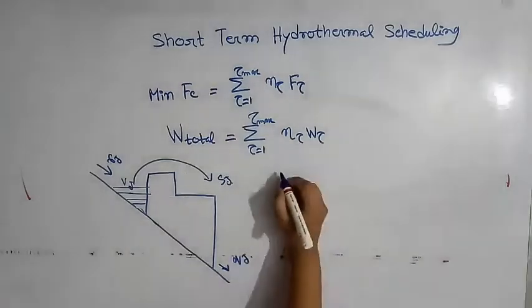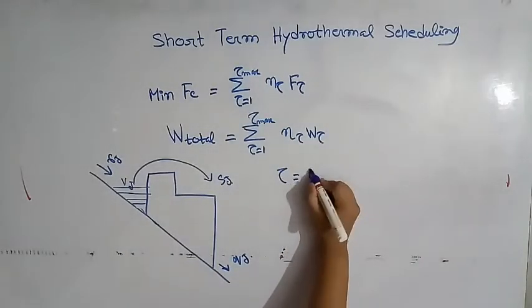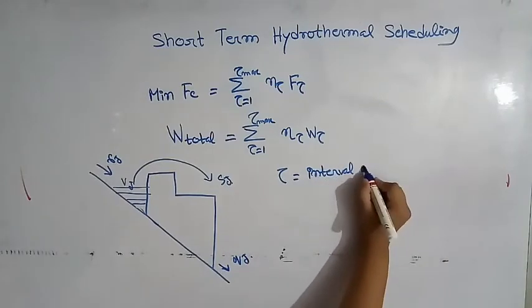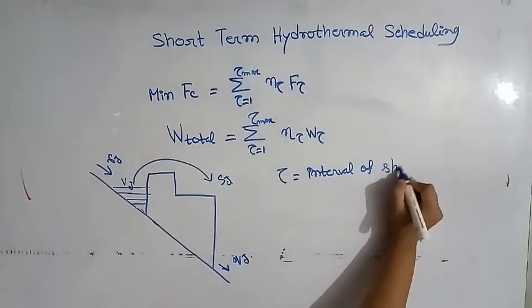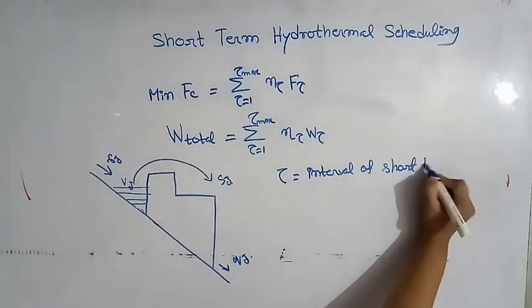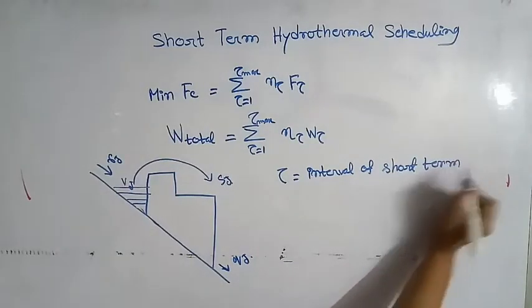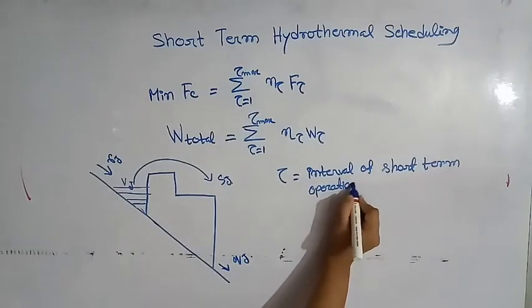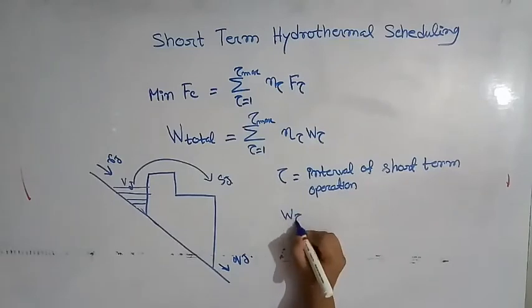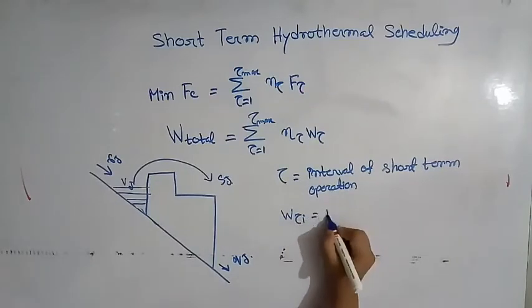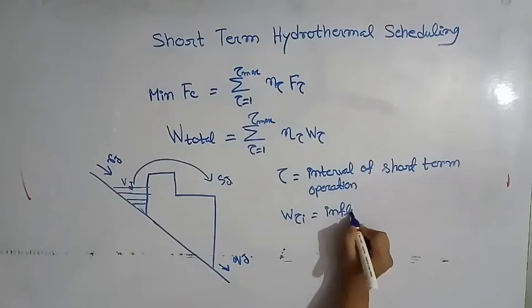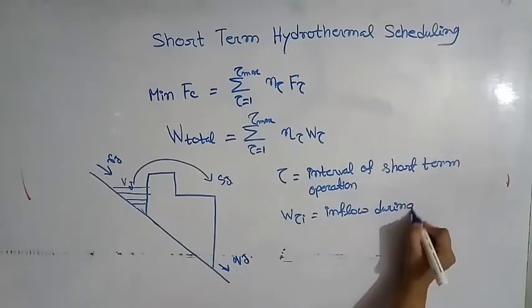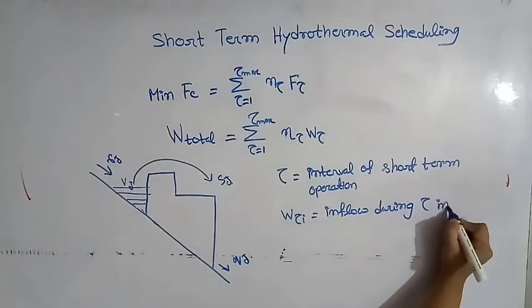Now, tau is the interval of short term operation. W tau I is the inflow during the tau interval.